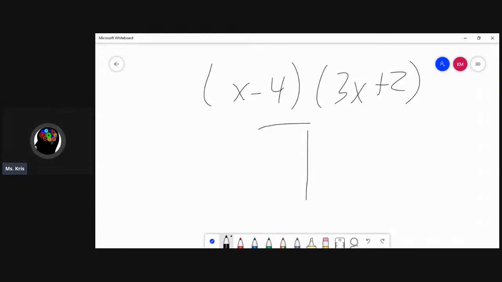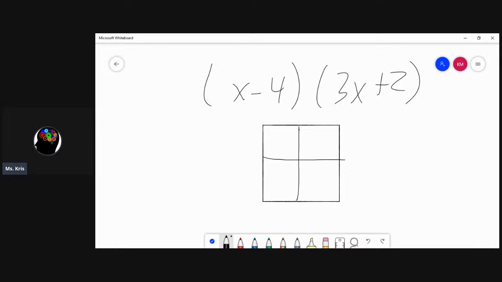The array model says I can take my terms of 3x and 2, and they must be multiplied evenly by x and negative 4.